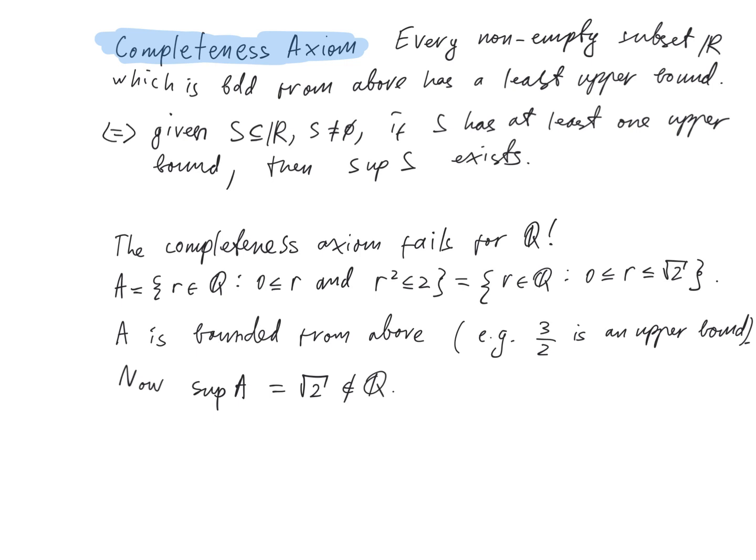Now, the completeness axiom is formulated with respect to the upper bounds. There's nothing special about it, and we can equivalently obtain a completeness axiom with respect to the lower bounds. So let's make it precise. Corollary.